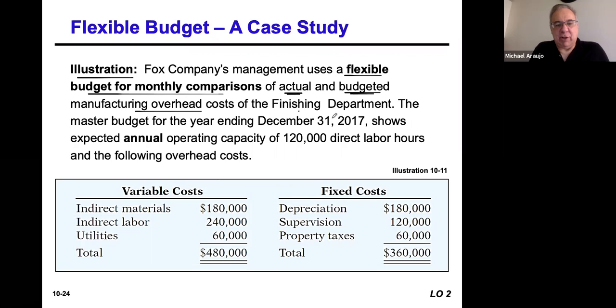The master budget showed the expected annual operating capacity was 120,000 direct labor hours, and the following costs. So the variable costs are listed here, and the fixed costs are listed here.